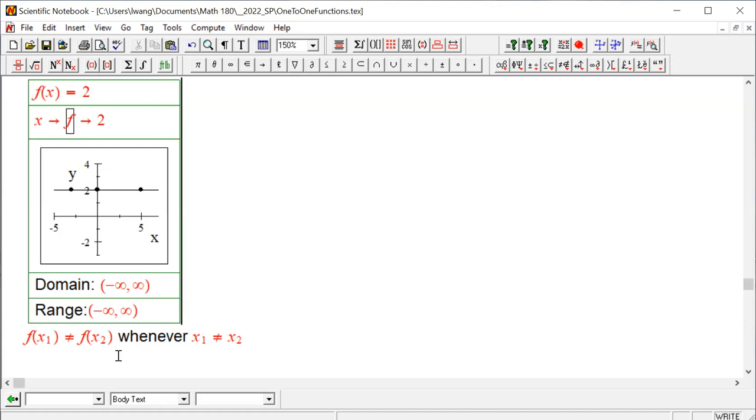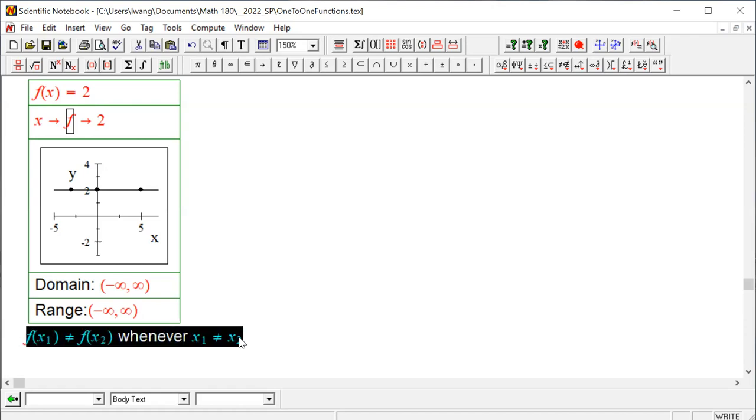So you just have to say, okay, what if it is true? And what if it's not true? What's the opposite of whenever? Well, you just have to pick up that false one. So this may not be true. If this is not true, the question is how do we phrase it? How do we say it? Sometimes students come to me and say, I understand it, but I don't know how to say it.